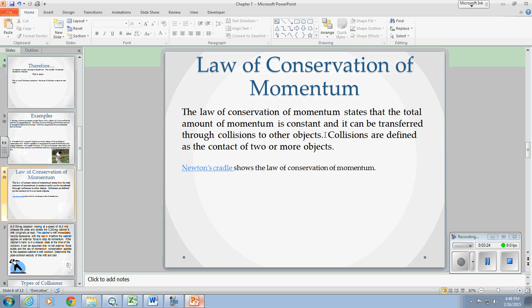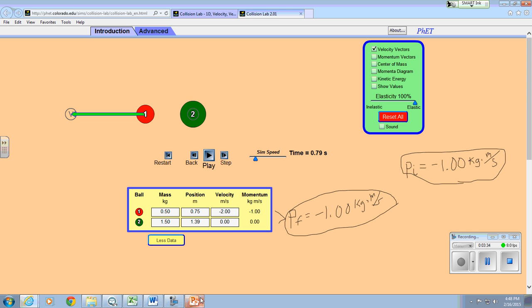A collision is contact between two or more objects. It doesn't have to be a giant crash between two things. That's an example of a collision, but anything that interacts with something else, there's a collision there.